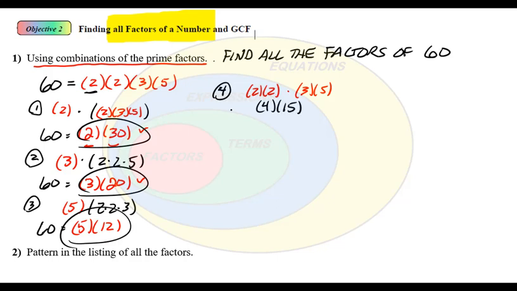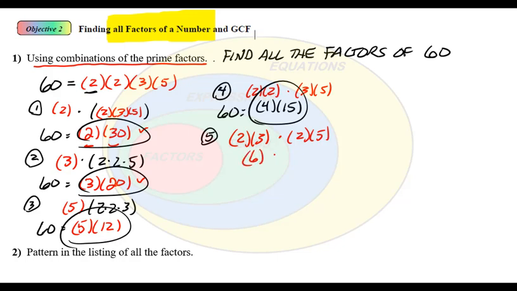So 4 and 15 are factors of 60. How about another grouping? How about factors of 2 and 3, and then multiply that by the other factors, 2 and 5. Well, 2 times 3 is 6, and this would be 10. So 60 equals 6 times 10.